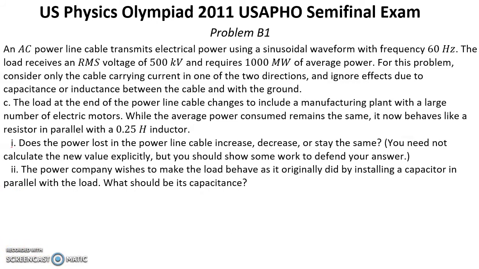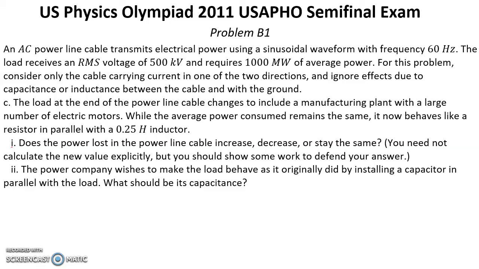Part C. The load at the end of the power cable changes to include a manufacturing plant with a large number of electric motors. While the average power consumed remains the same, it now behaves like a resistor in parallel with a 0.25 Hz inductor. First, does the power lost in the power line cable increase, decrease, or stay the same?